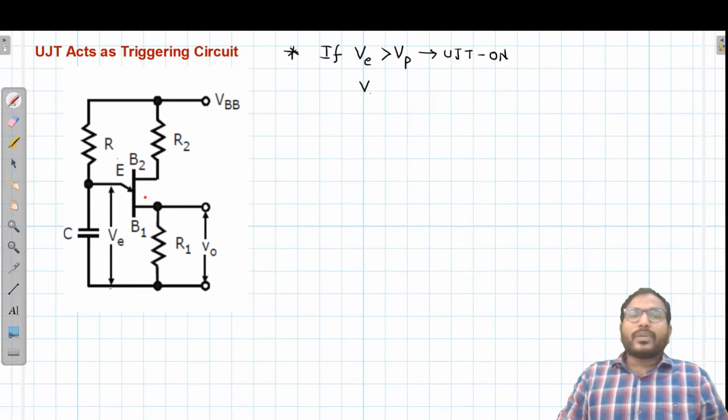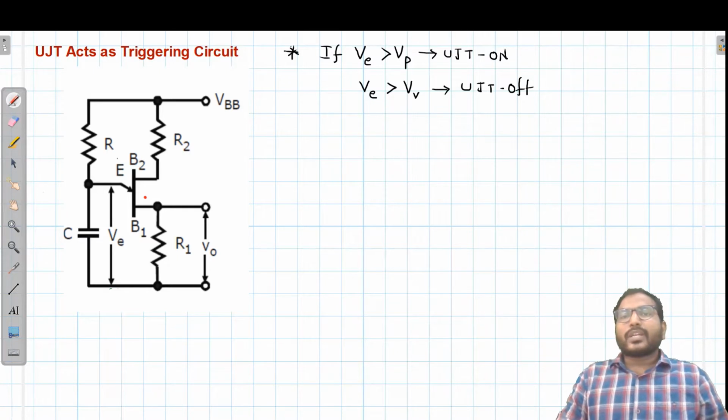Second, if the emitter voltage is less than the valley point voltage, the UJT will turn off. These two points are very important, and we can observe them from the VI characteristics of the UJT.